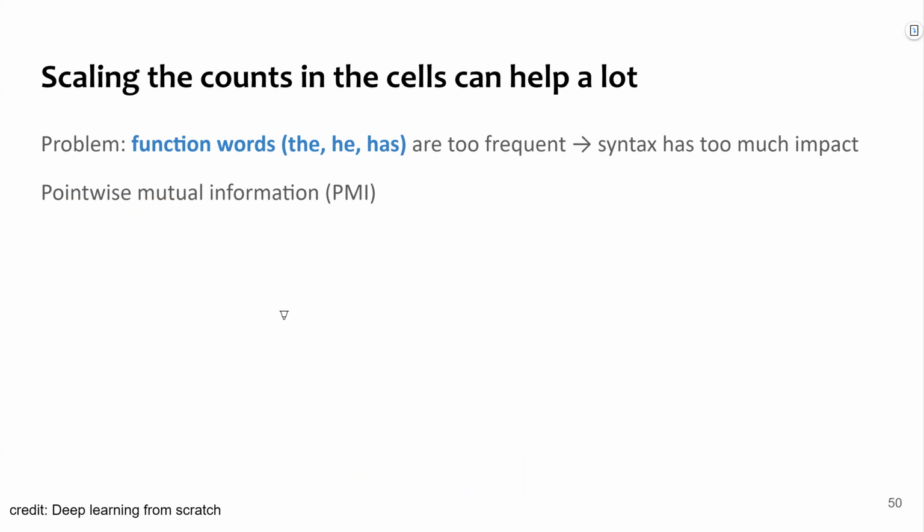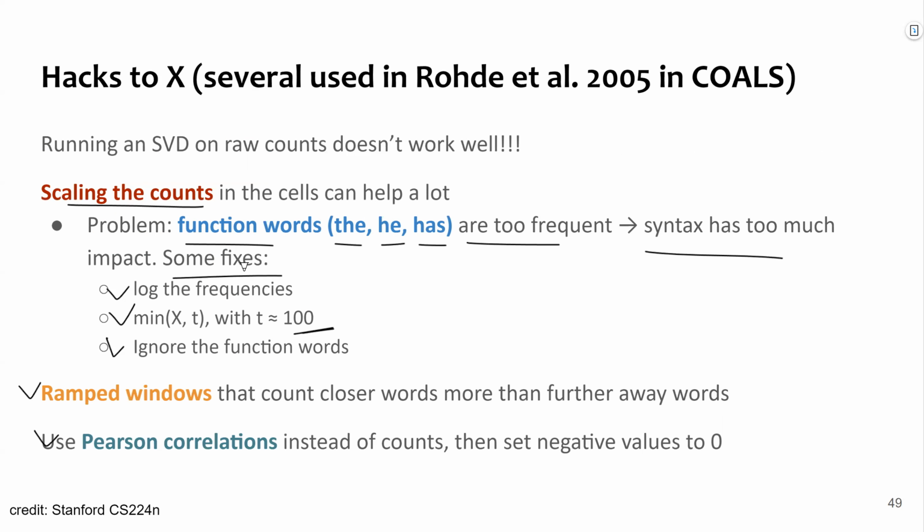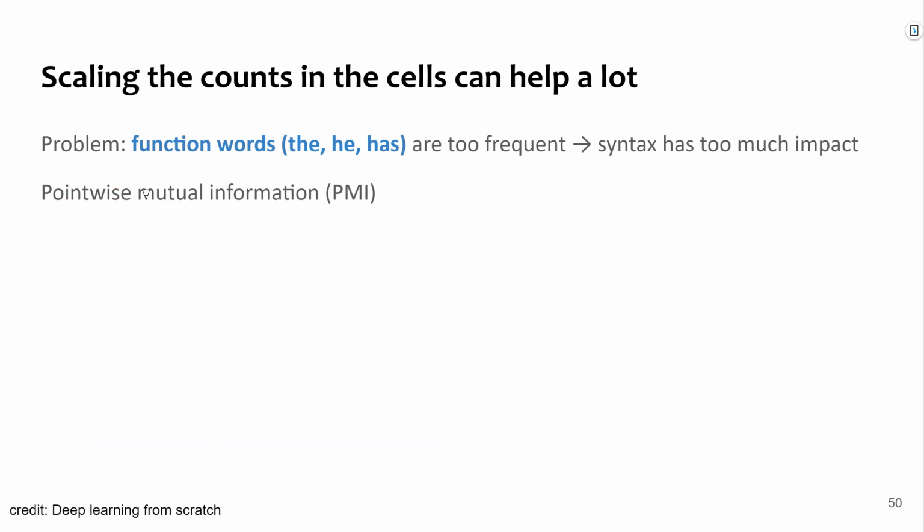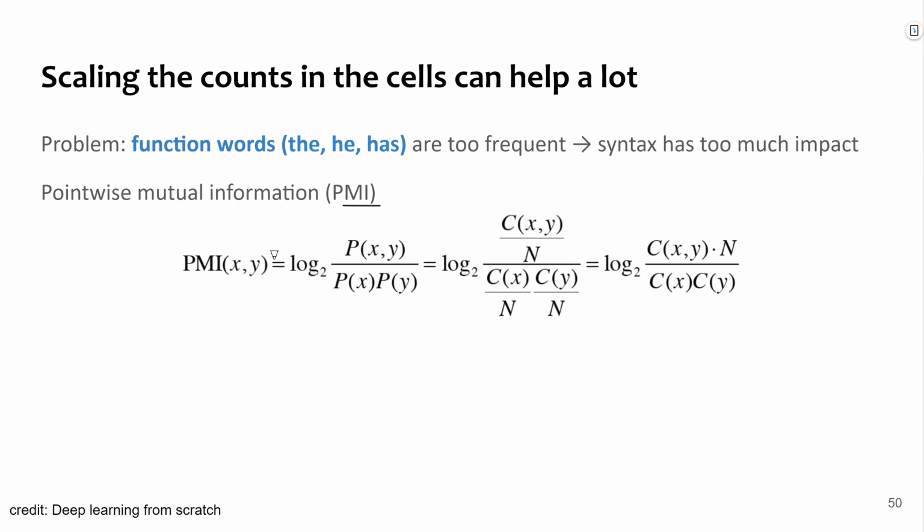And another thing we can do, rather than Pearson correlation, is pointwise mutual information, PMI. The definition of PMI is the co-occurrence probability divided by the probability of each word.